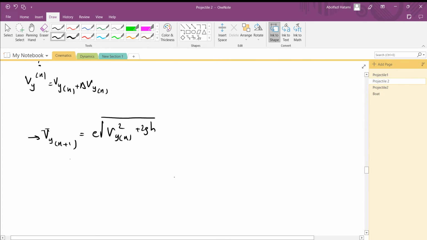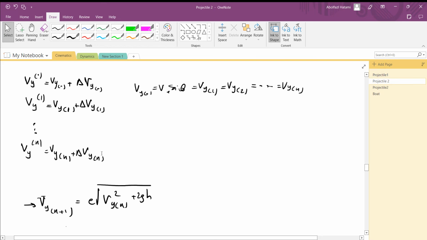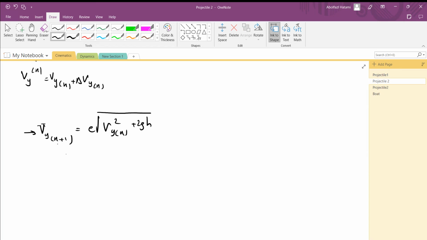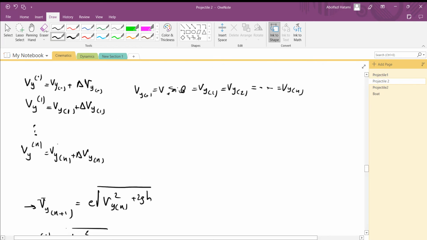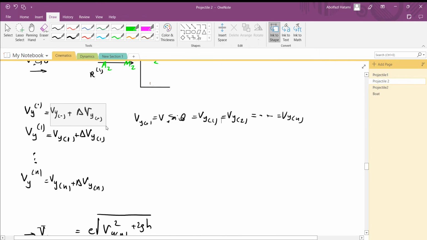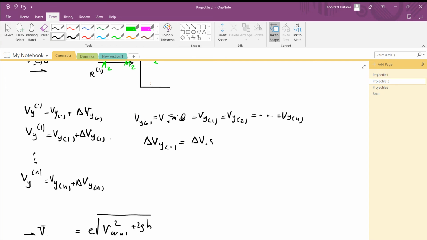So this is a general formula, and we can use it to obtain vy(n+1) from vyn, no matter what vyn is. So consider that I'm going to calculate vy1. vy1 is going to be just e times the radical of vy0 square plus 2gh, and vy0 is vy0 plus delta vy0. I forgot to say that delta vy0 is just delta v0 sine of theta, because our ball is going to be shot with the velocity v0 plus delta v0 at angle theta.